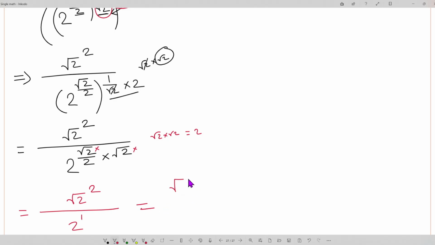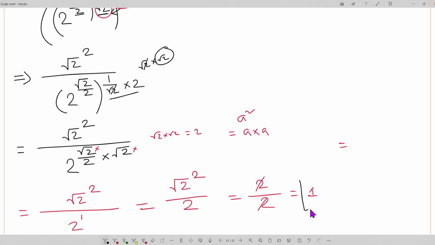Here is root 2 to the power 2 divided by 2. Now we know a square means a times a. Similarly, root 2 square means what? Only 2, right? And here is 2. So 2 divided by 2 equals 1. Very simple. So our required answer is 1.